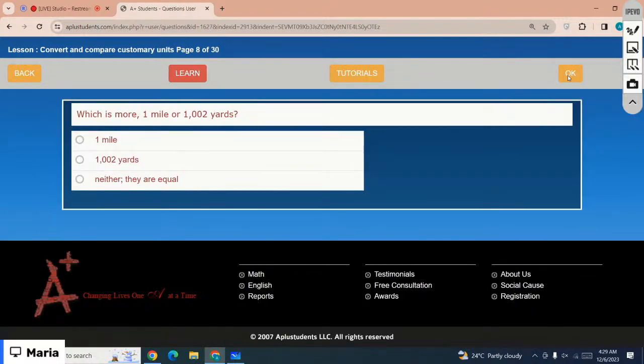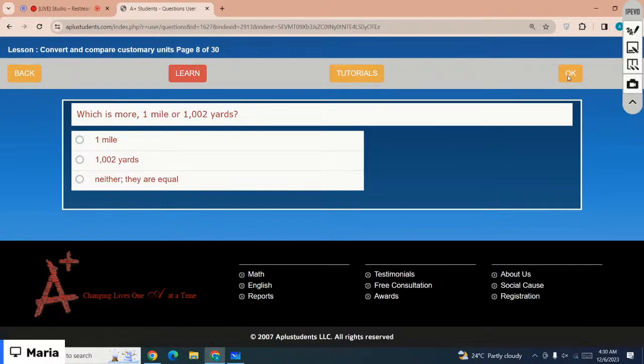Okay, which is more, 1 mile or 1,002 yards? Which is the correct option? 1 mile is more, right?